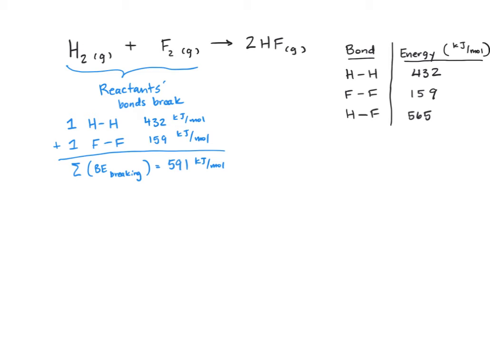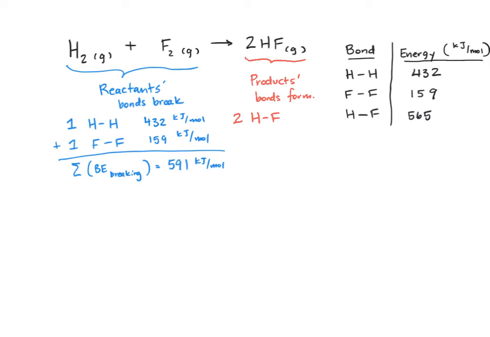Conversely, any bond that's represented by products on the right-hand side of our reaction will form. All products in this particular reaction have bonds that have formed anew compared to the reactants. There are two HF molecules. Each one has a hydrogen-fluorine bond.